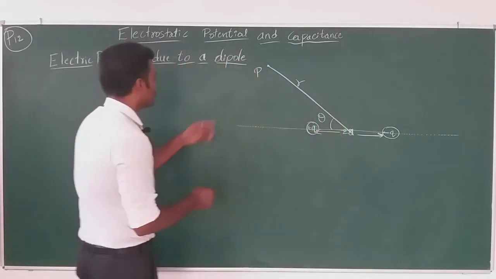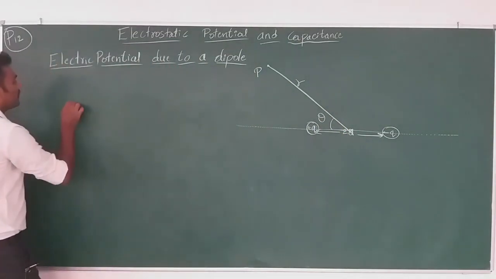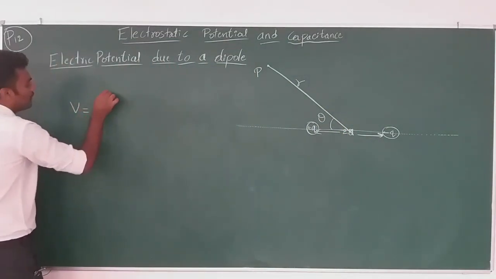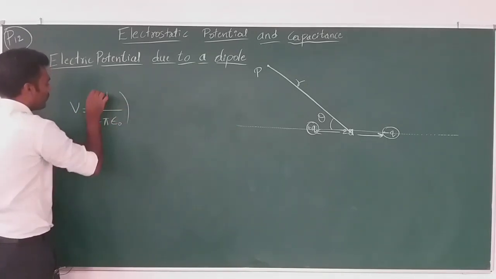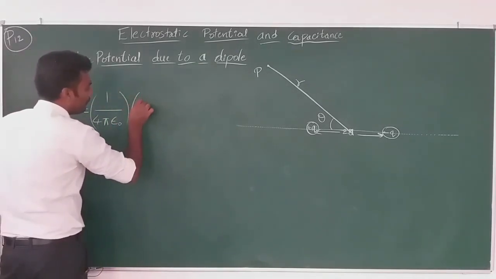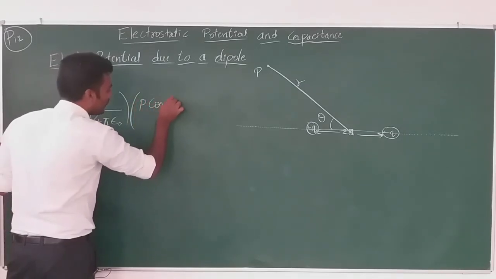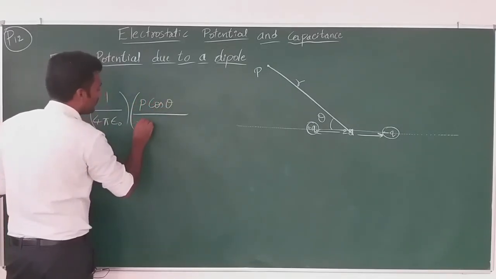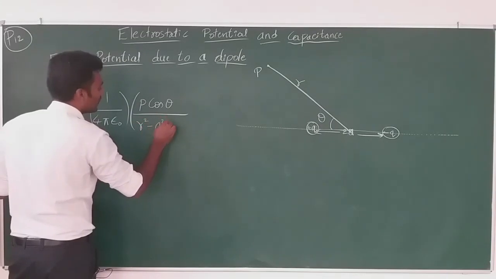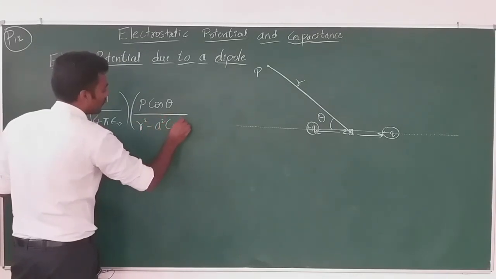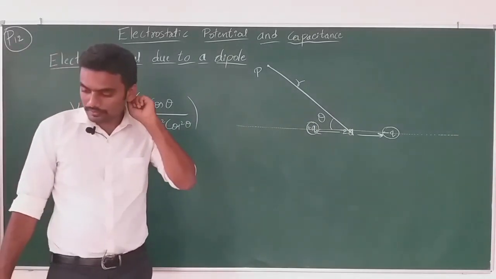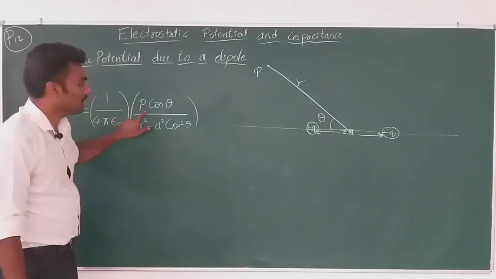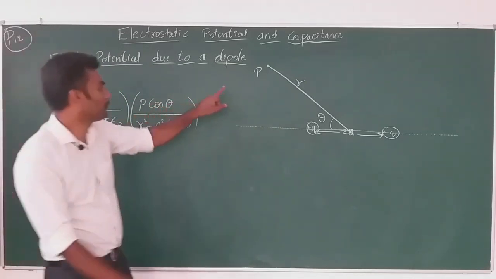So the expression for electrostatic potential at that point P is given by V equals 1 by 4 pi epsilon naught, p cos theta divided by r squared minus a squared cos squared theta. Now here, what is this p?